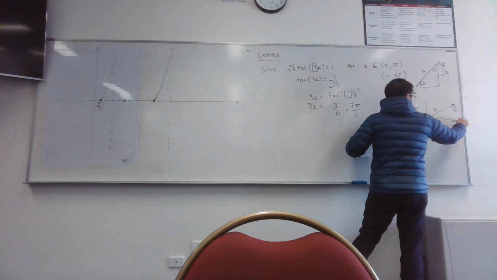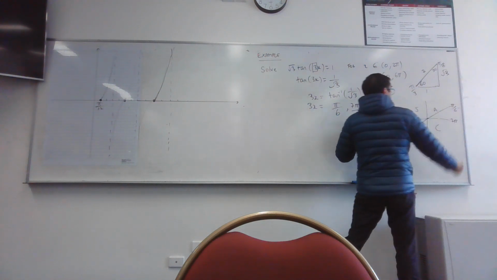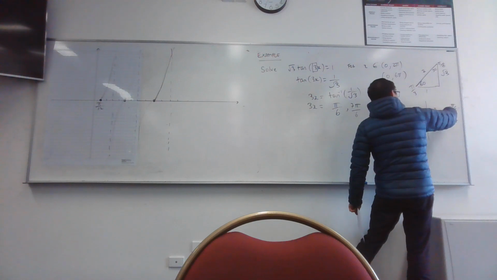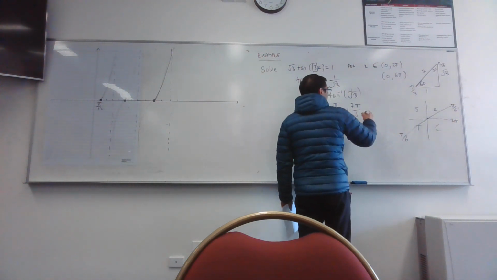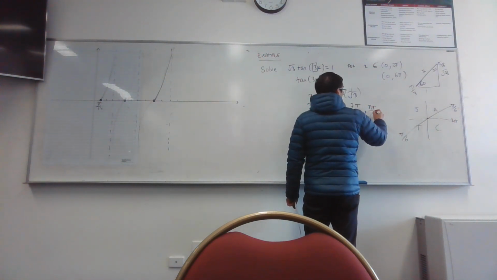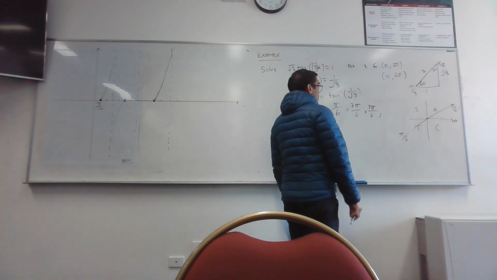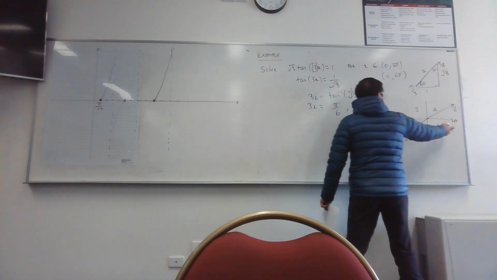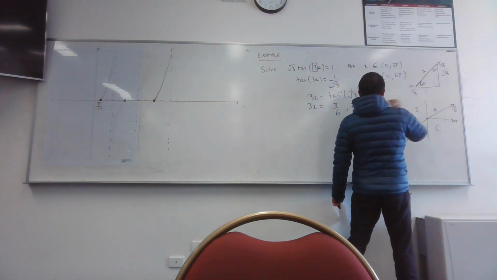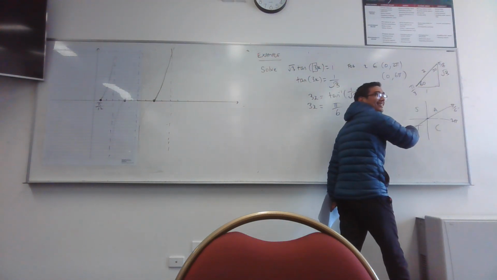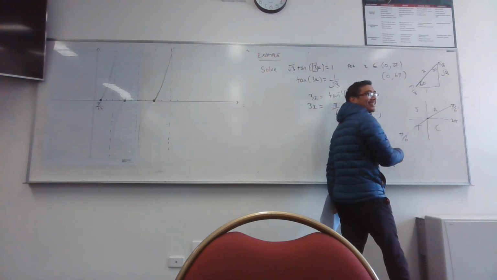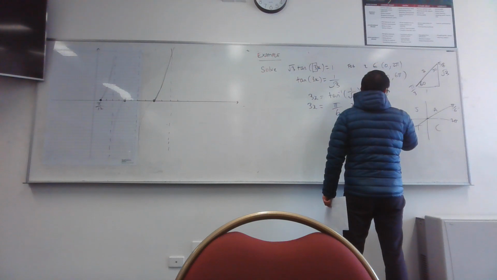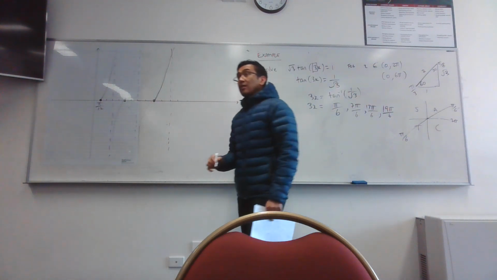This is 2 pi. What's this one here? The next time round, one round. Second time round, what's this? 13 pi on 6. What's the next one, Tim? This one here? The third one? 19 pi on 6. Okay. Do we stop, Zaid, or do we keep going?